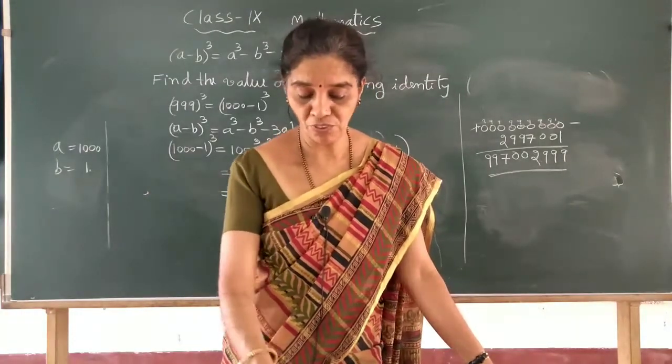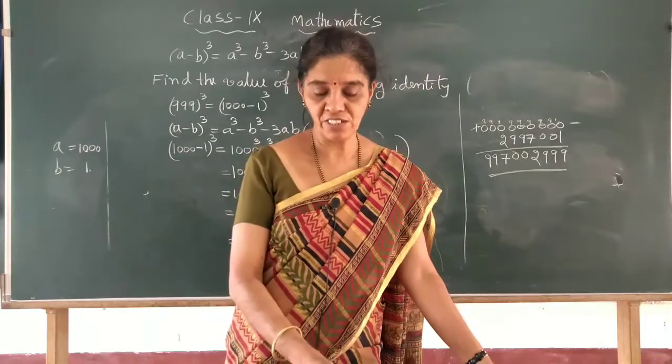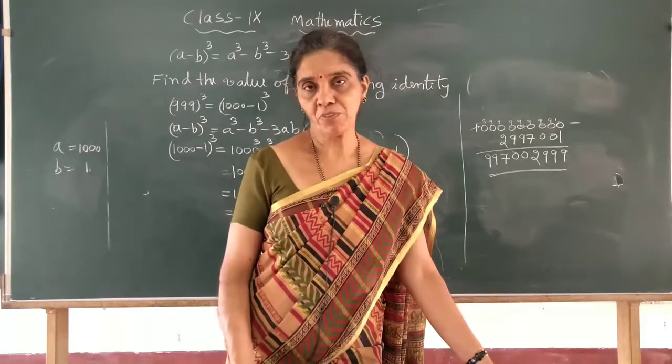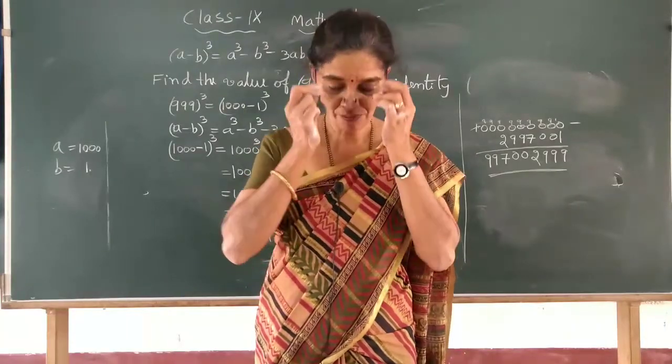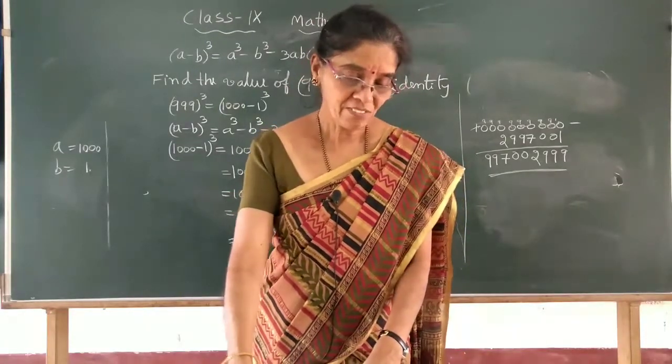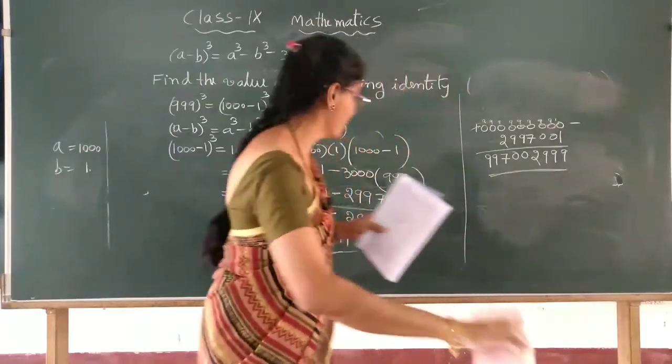So, I will do 1 or 2 problems, then we will finish that 8th problem. Okay, so I will take the problem from exercise, the 8th one, and I will explain, you will understand. Okay.